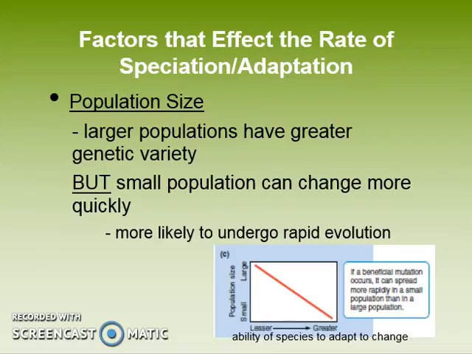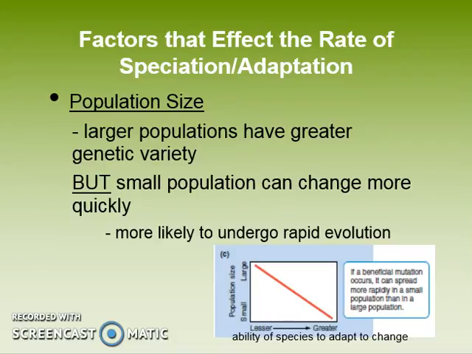Population size. Population size is kind of an odd one. Smaller populations can actually change more quickly, because it's much quicker to breed and there's less variety. So small populations can actually change faster.